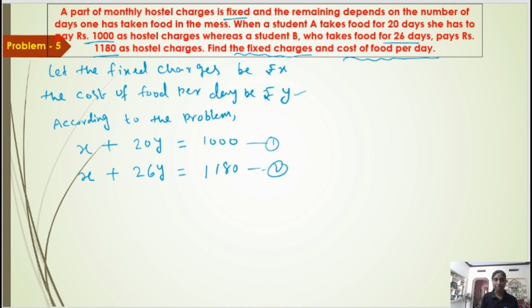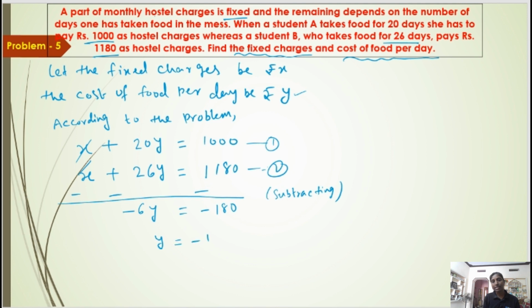We have to subtract here. If we subtract, the signs will change: plus will become minus. x cancels, and we get minus 6y is equal to 1180 minus 1000, which is 180.